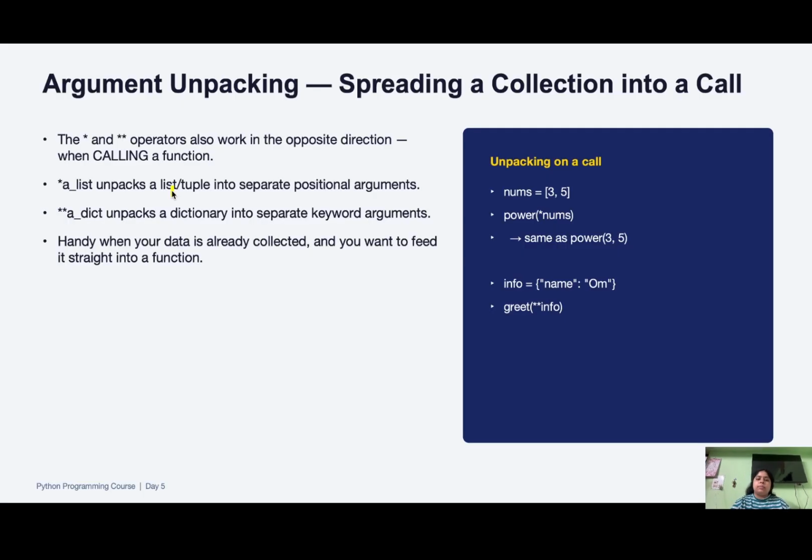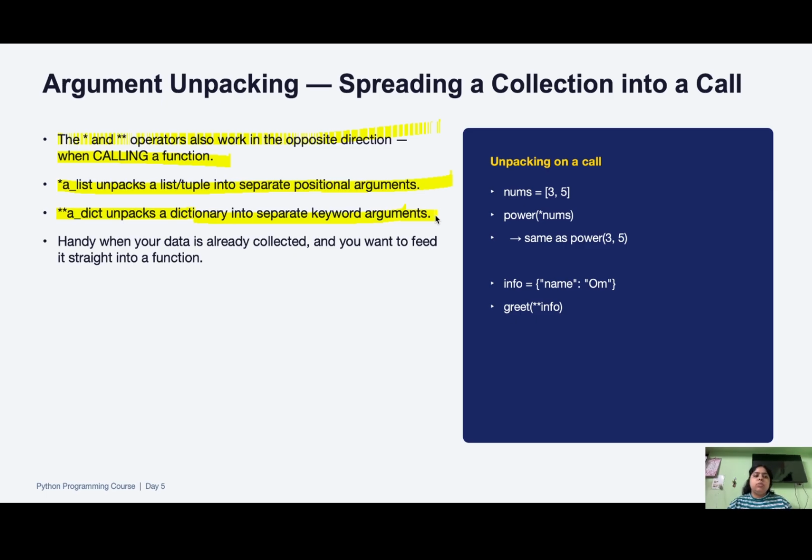Argument unpacking. Argument unpacking means how we actually spread a collection into a call. Getting the point? The star and double star operators also work in the opposite direction when calling a function, right? *a list unpacks a list or tuple into separate positional arguments, and **a dict unpacks a dictionary into separate keyword arguments.